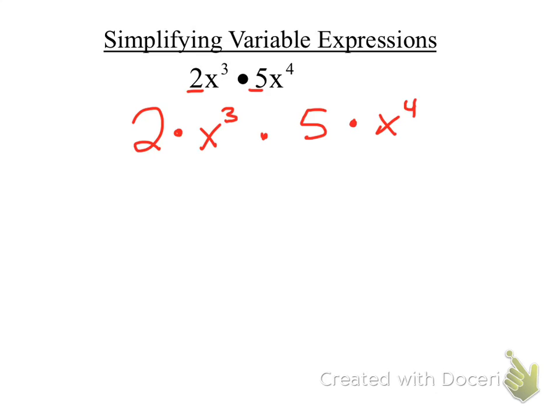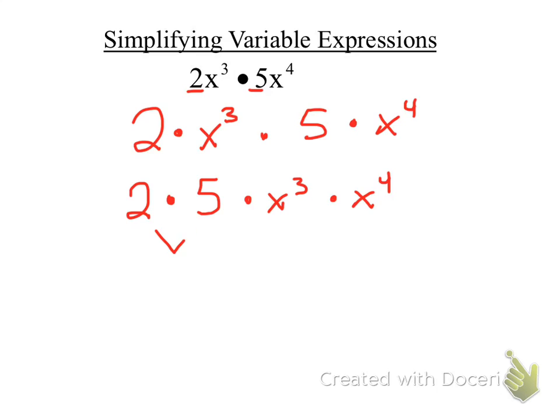Coefficient. So, we do like bases with like bases, coefficient with coefficient. I'm just going to use my commutative property here, and I'm going to rewrite it. How about like this? 2 times 5, the two coefficients, times x to the 3rd, times x to the 4th. Does that make sense?